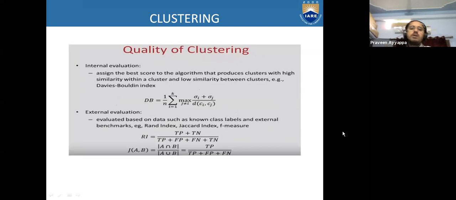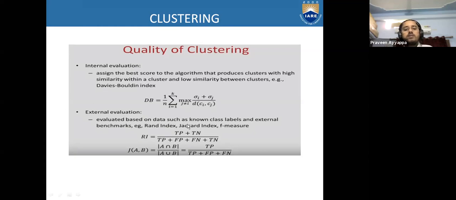Once the clustering is formed, we are going to evaluate the quality of the clustering based on internal evaluation and external evaluation. Internal evaluation is nothing but evaluating the objects within the same cluster: high similarity within a cluster and low similarity between the clusters.